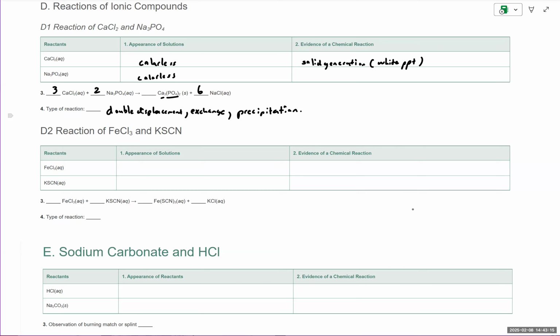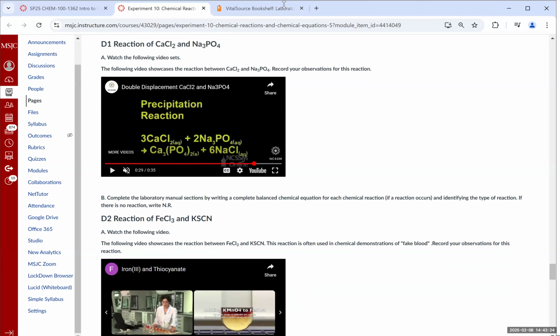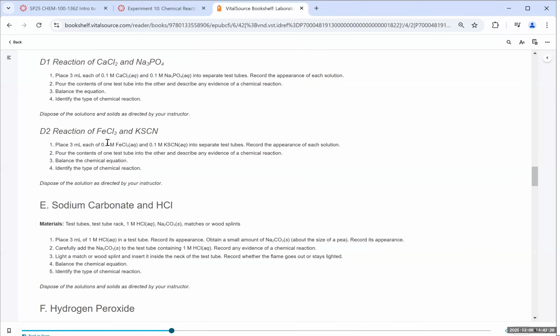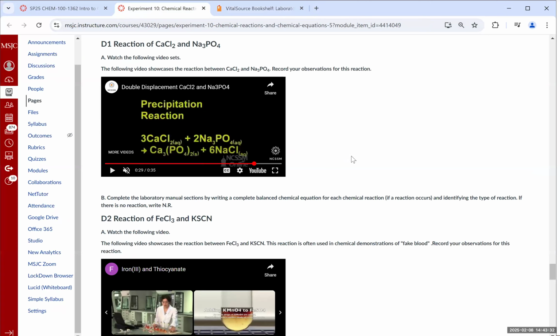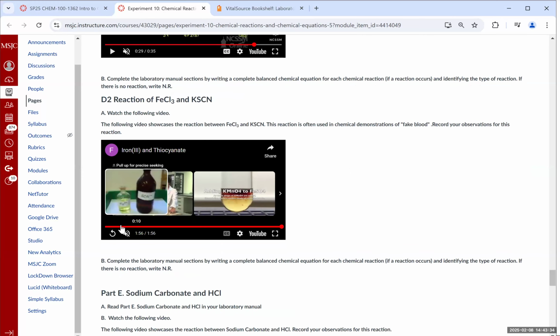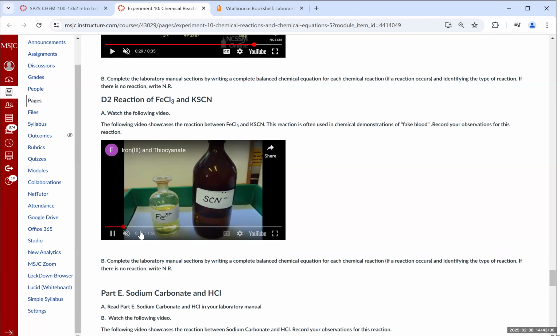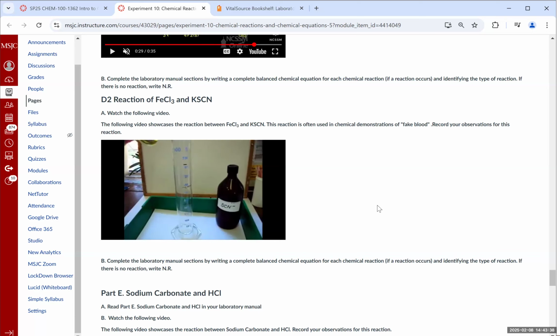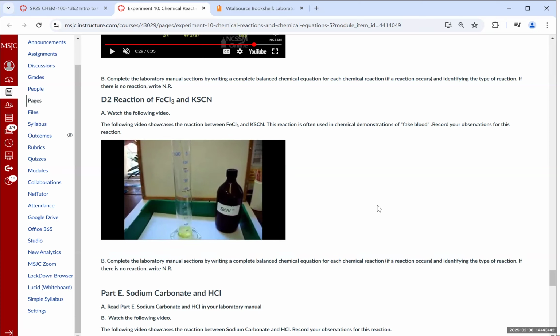Okay, let's look at another reaction, this time between iron 3 chloride and potassium thiocyanate. So looking at our procedure, we're going to mix the iron chloride and potassium thiocyanate, and we're going to observe the results. Okay, so let's do just that. So we have the iron chloride solution. As you can see, it has a yellow color.